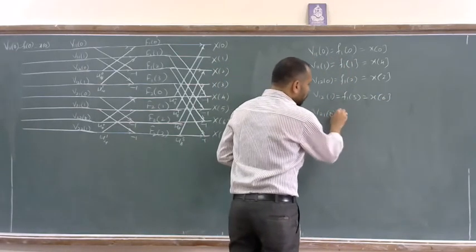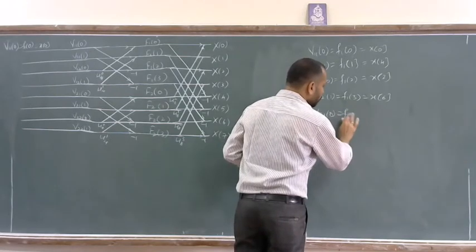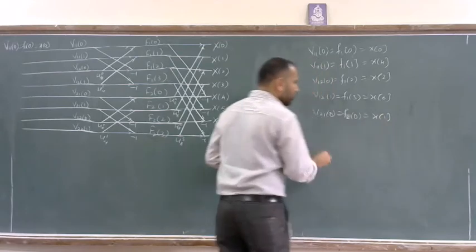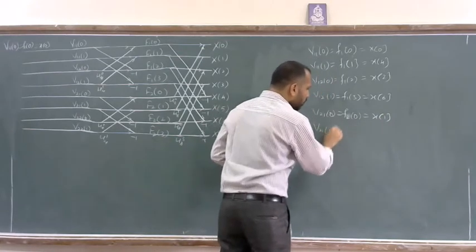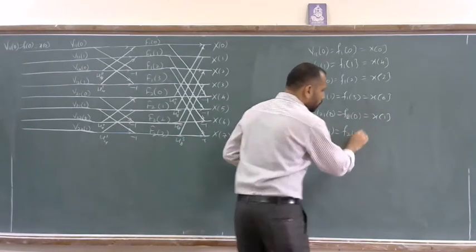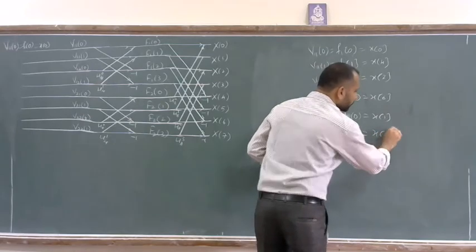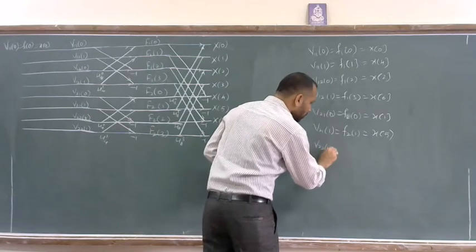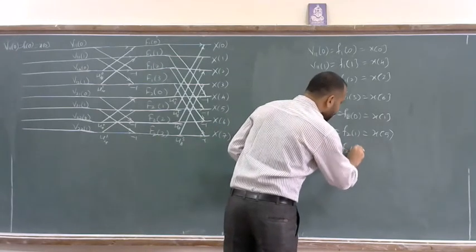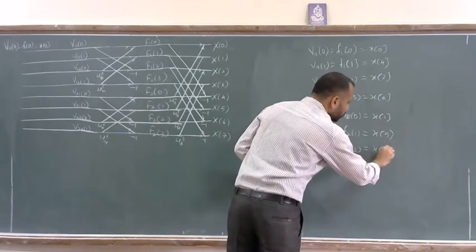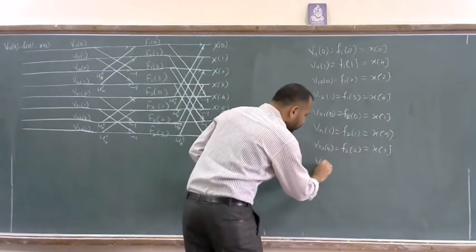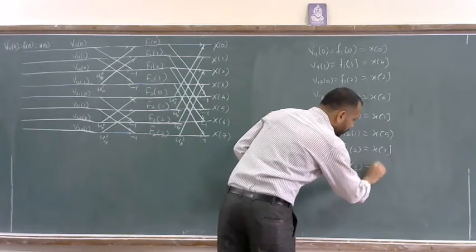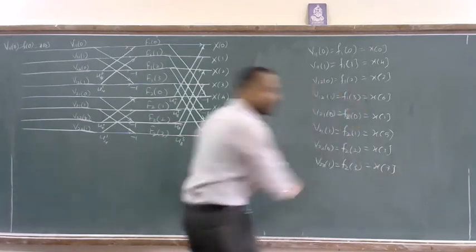V21 of 0, f2 of 0, x of 1. V21 of 1, f2 of 1, x of 5. V22 of 0, f2 of 2, x of 3, and V22 of 1, the last sample, which will be f2 of 3, will be x of 7.